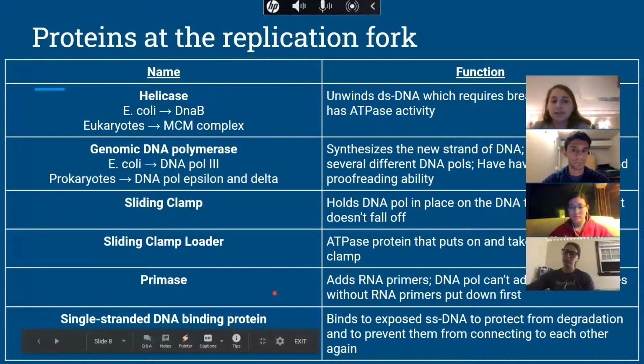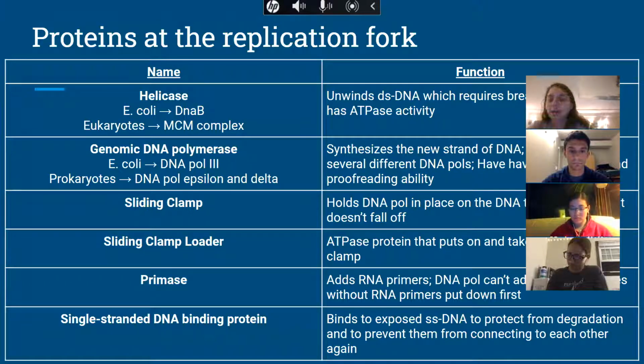And then the single-stranded DNA binding protein is very important because after helicase unwinds your double-stranded DNA, your cells like to attack single-stranded DNA because you're not supposed to have it. So they sense it as foreign. By binding to the single-stranded DNA, it protects it from degradation because it's a very unstable molecule.